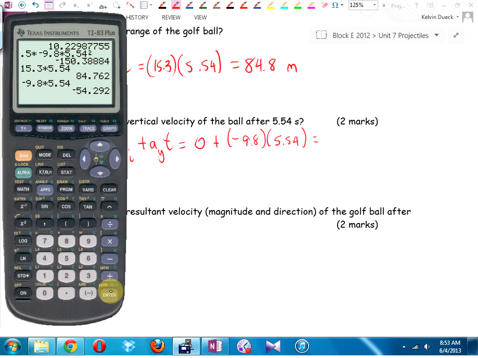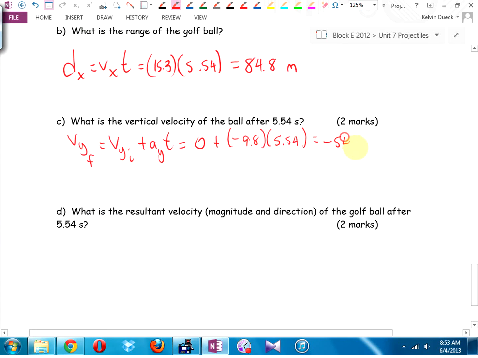Negative 54.3 meters per second. What's the negative telling me? On the way down. Positive would mean on the way up, which couldn't happen if we launch horizontally, but next year when we launch from a cliff at an angle, so there's a vertical component, sure, it can be on the way up or on the way down.